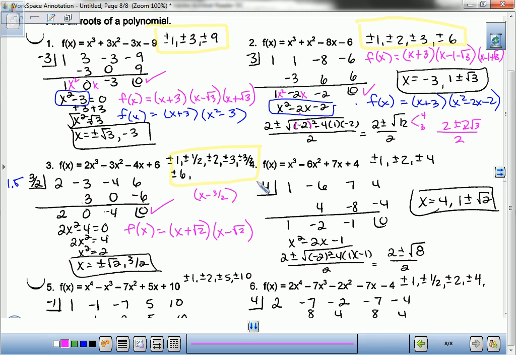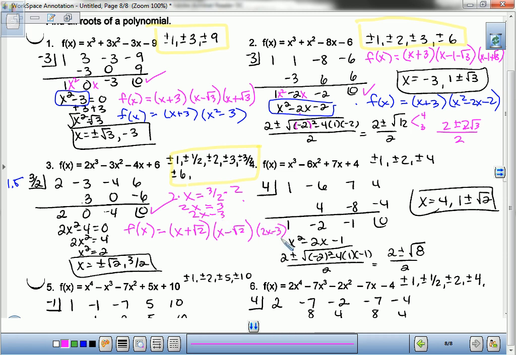That's not an integer. So what we would do with this is you would take this x equals 3/2 and undo it. Multiply by 2, and then subtract the 3. So we get 2x minus 3.